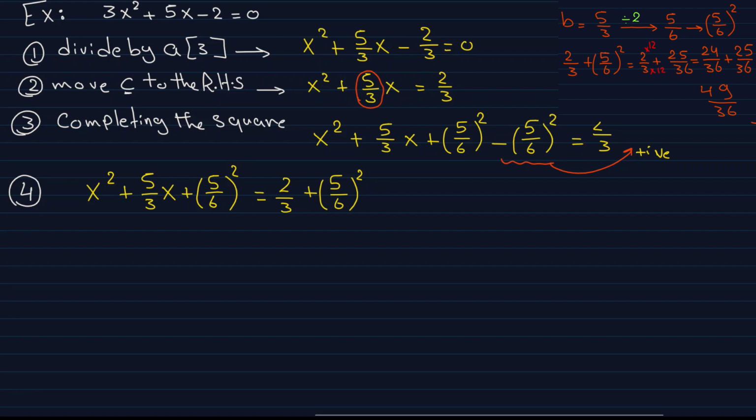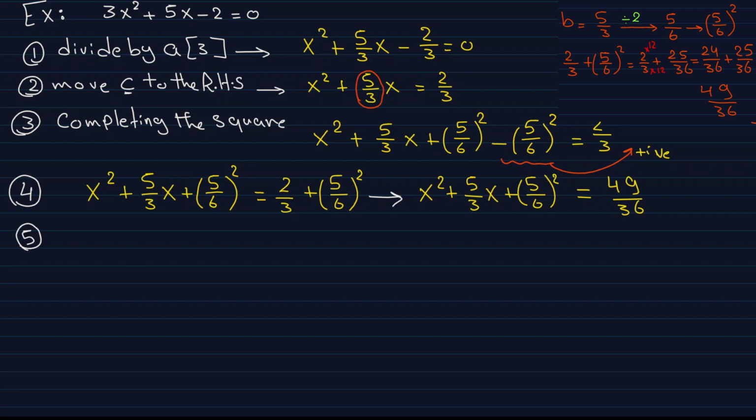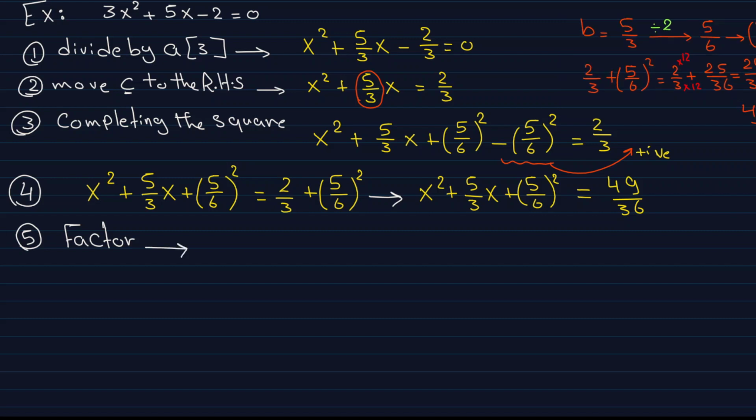So I'm gonna rewrite the equation now, and step 5 is factoring the left hand side of the equation, and it will lead us, as a perfect square trinomial, to (x + 5/6)^2. So we're gonna have over here (x + 5/6)^2 = 49/36. Now let's assume you are confused at this part.